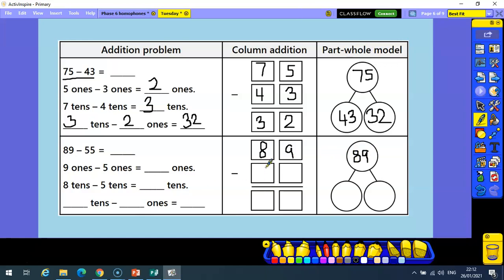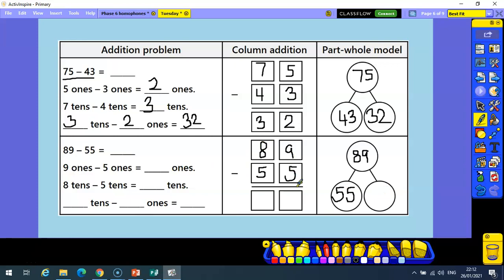And I'm taking away 55. Okay, so you see where I got that from. The first number is what I have to start with. Then I'm taking away 55. So I'm going to split 89 into 2 parts. The first part is going to be 55. And I wonder what I'll be left with.